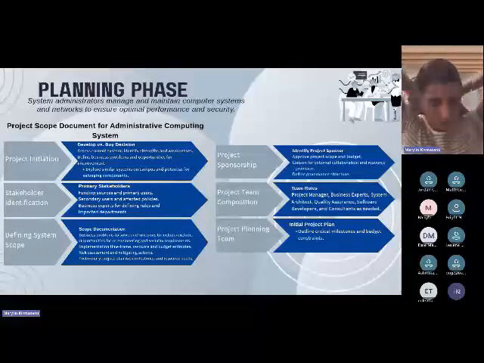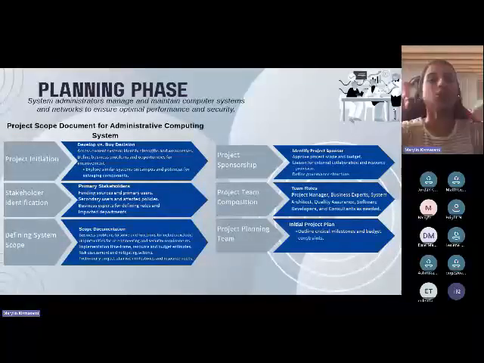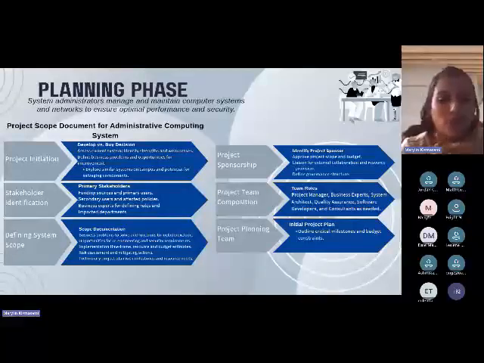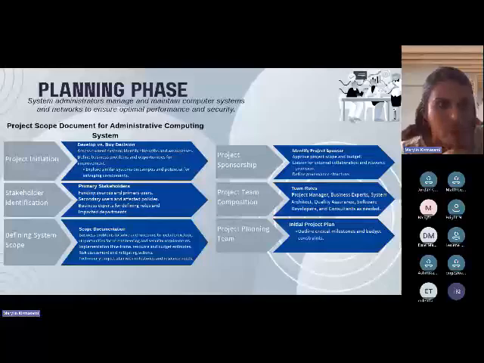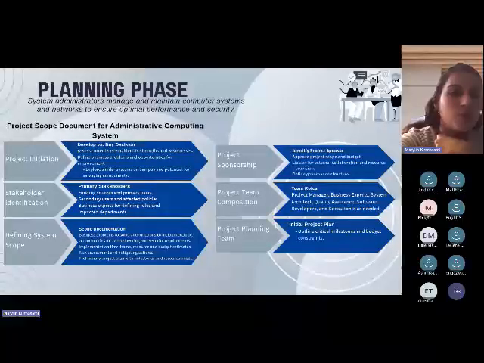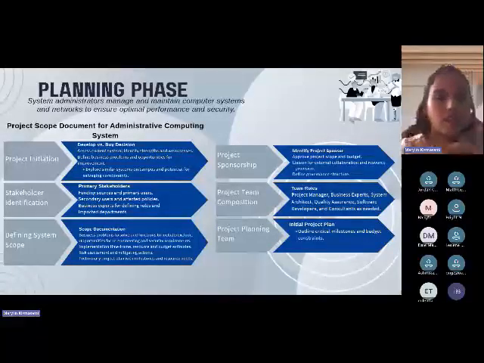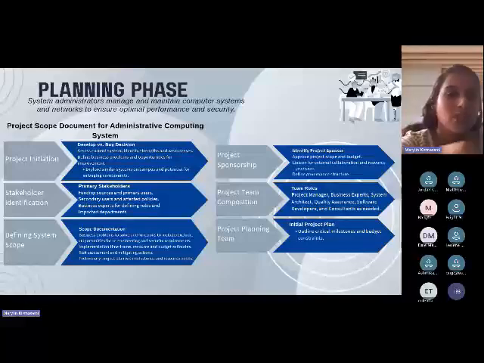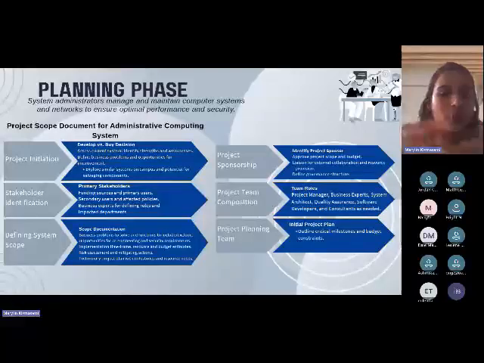When we look at the planning phase, it is laying the foundation for a successful administrative system. I would say in this situation it would be the most critical stage of any administrative computing system project.